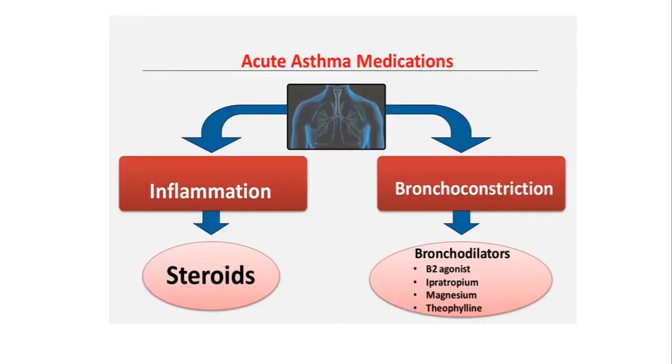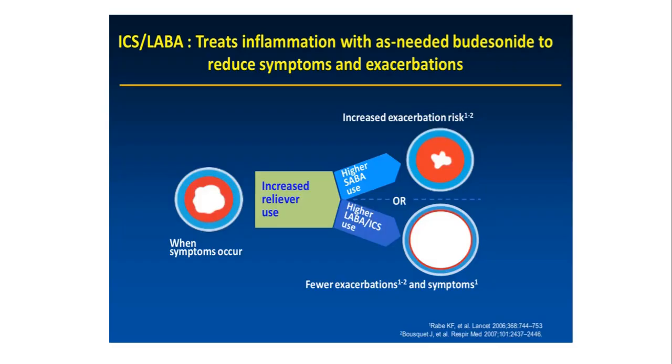Steroid: for bronchoinflammation we give steroid, and for bronchoconstriction we give a bronchodilator. Of course, ICS treats the inflammation. We never like to give the patient a long-acting beta agonist, or LABA, alone. LABA alone will cause the patient to increase reliever use.